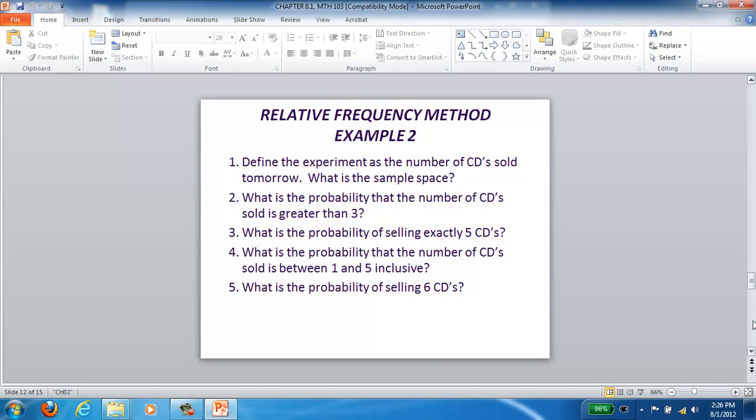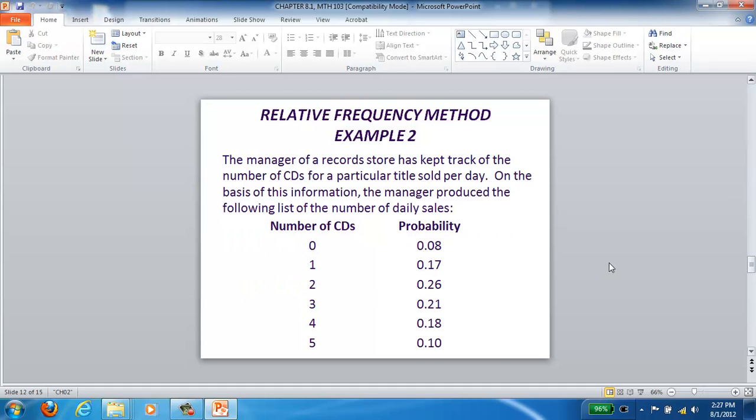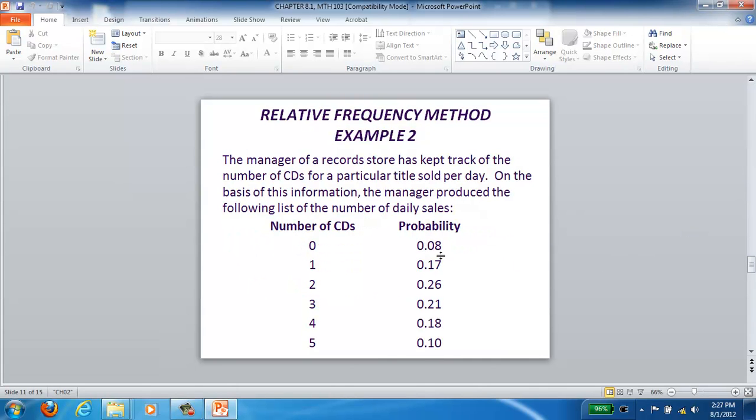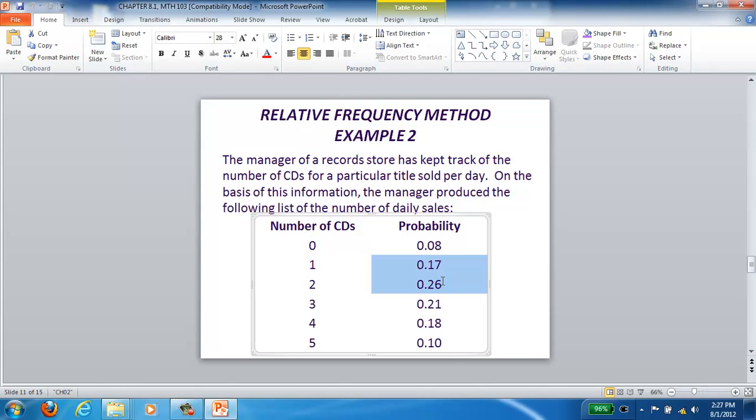What is the probability of selling exactly 5 of them? This is 10% or 0.1. What is the probability of selling between 1 and 5 inclusive? Inclusive means that you have to include 1 and 5. So you have to add the 5 probabilities. 17 plus 26 is 43, 64, 82, 92.